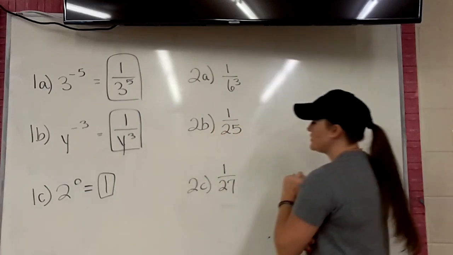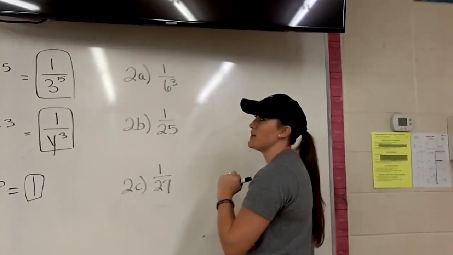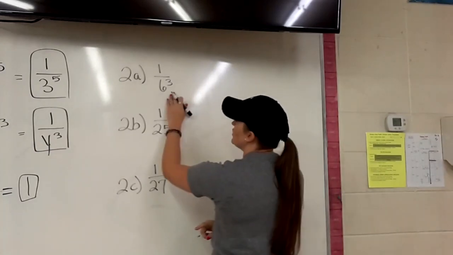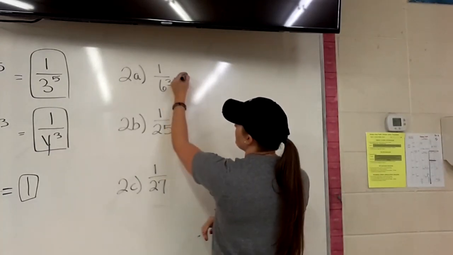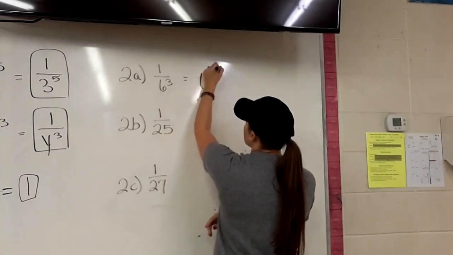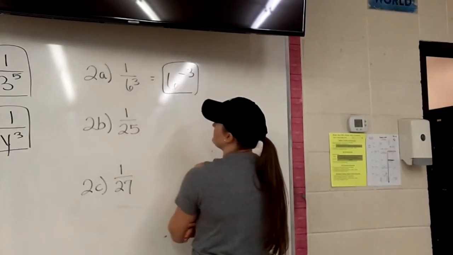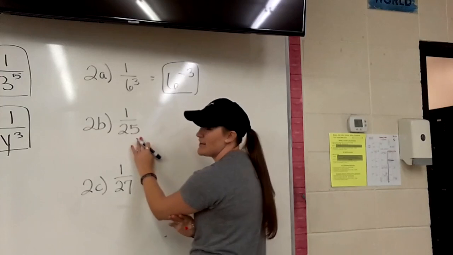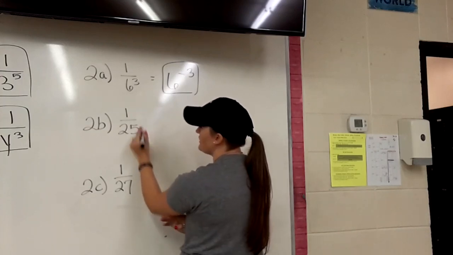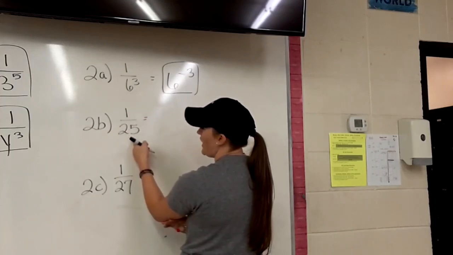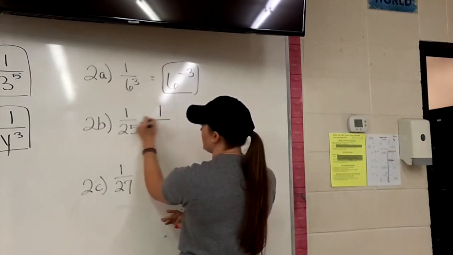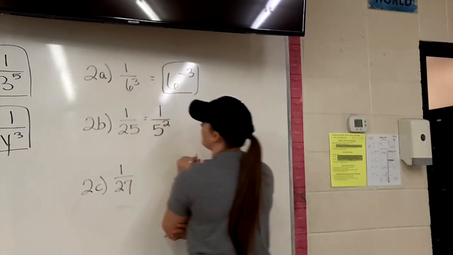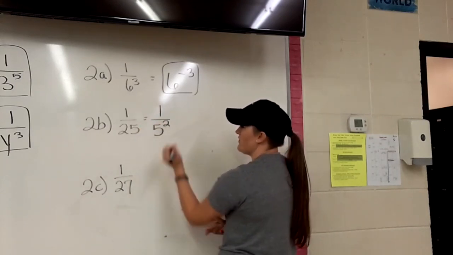Okay, then on 2A, B, and C, now we're writing it with a negative exponent. So 1 over 6 to the third power, you just undo that: 6 to the negative third power. Okay, B and C, there was an added step because there's not an exponent yet. So 1 over 25, we first have to figure out how we could write 25 using an exponent. And it's 5 to the second power because 5 times 5 is 25.